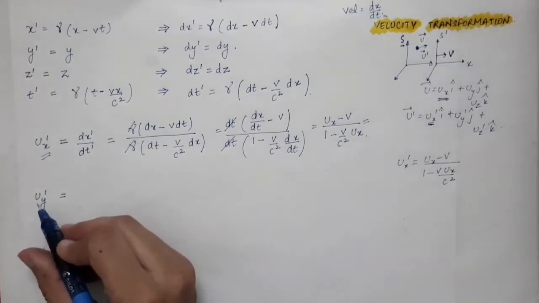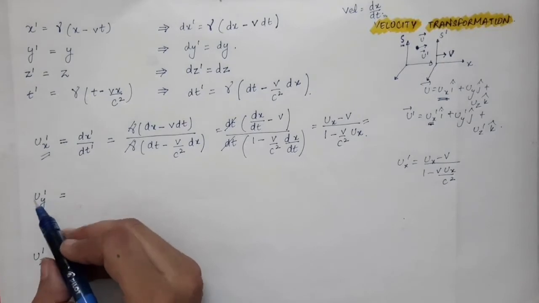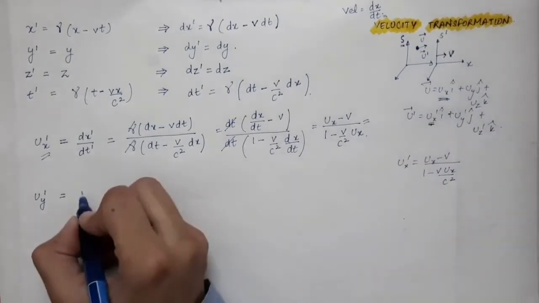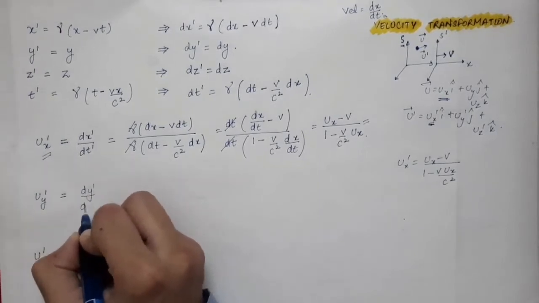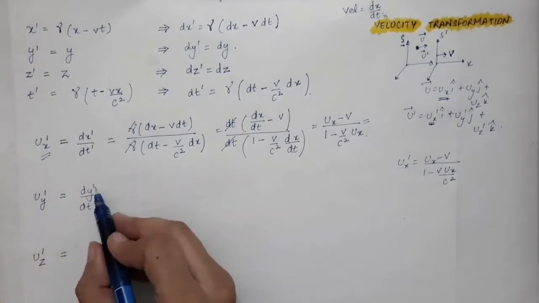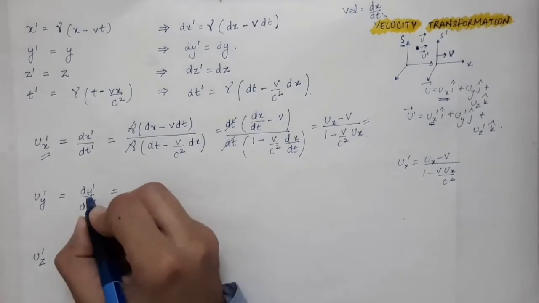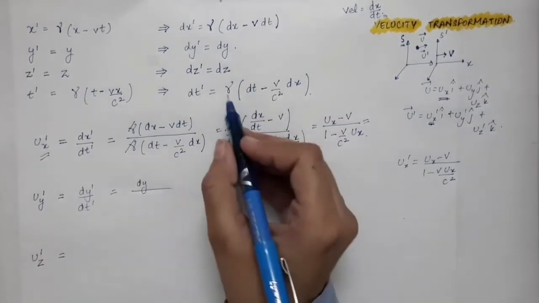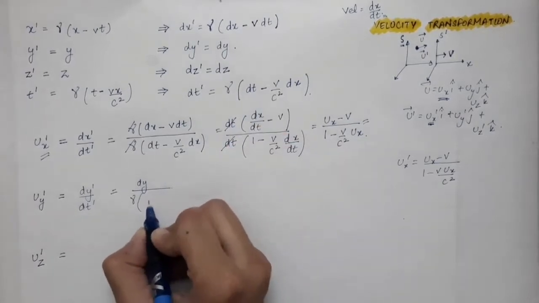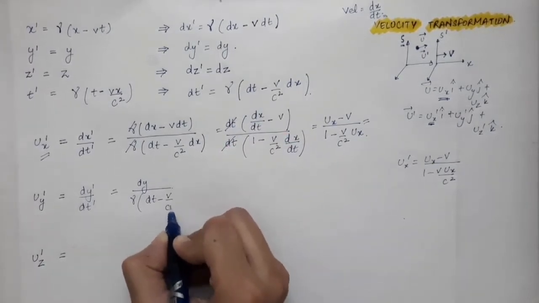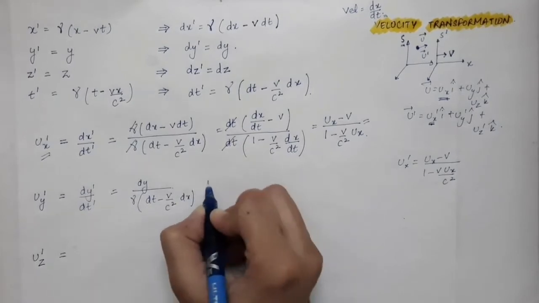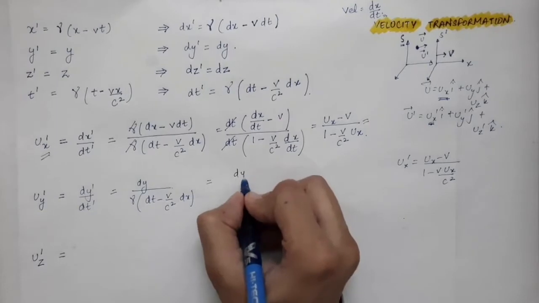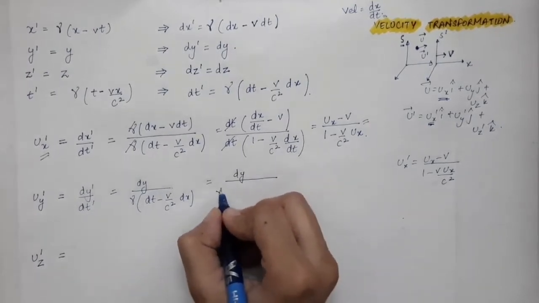And similarly we will find uy prime, which is the y component of the velocity of this particle as seen in S prime frame. So this will be dy prime by dt prime. So dy prime is nothing but equal to dy, and dt prime is given by gamma times dt minus v by c square into dx. So over here also you will take dt common in the denominator. So dy as it is, gamma as it is.